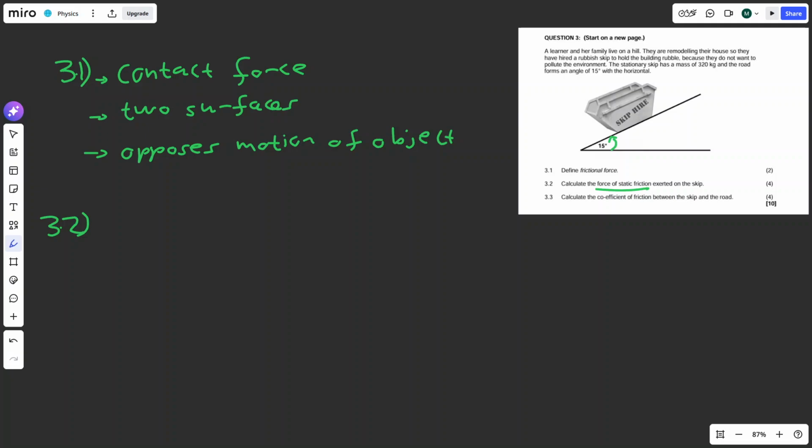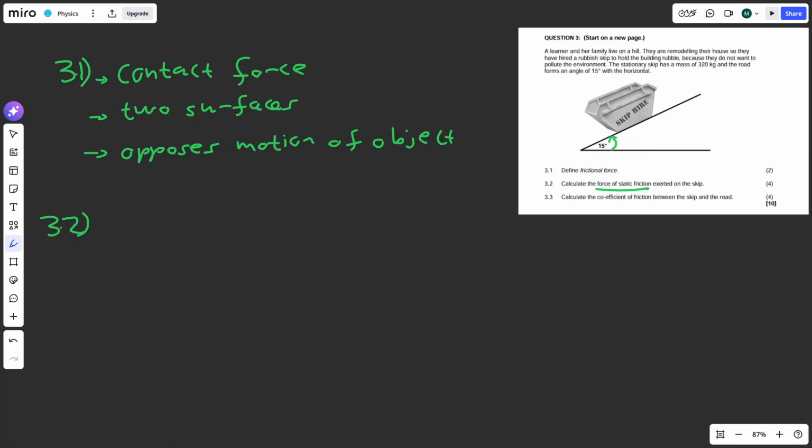Static friction only applies to cases where our object is not moving. Another case is when our object is moving. So we need to differentiate between the two, static friction and kinetic friction.